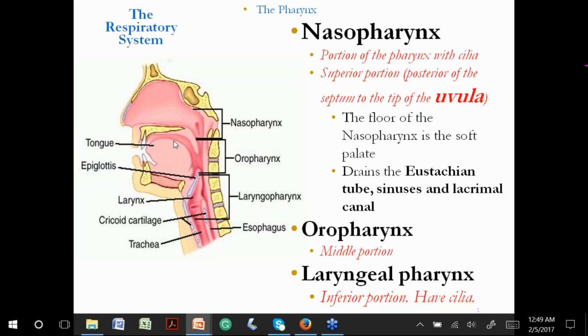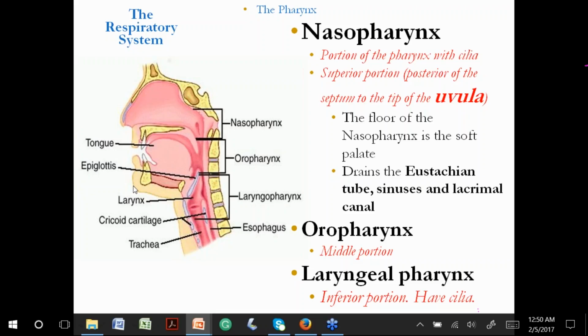When you swallow food, you don't want the food going up to your nose, right? So when you pass fluid or solid, the uvula is going to contract and go up. That is going to close the pathway to the nasopharynx. So that is the function of the uvula.